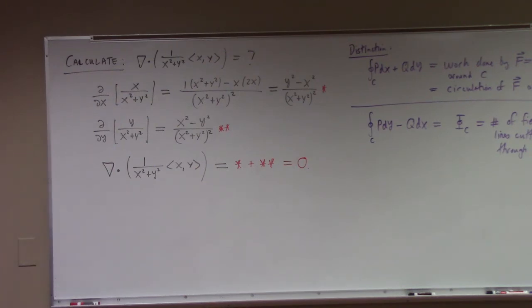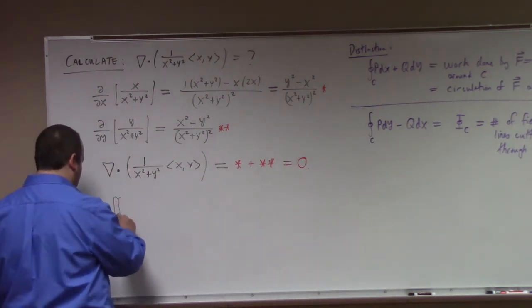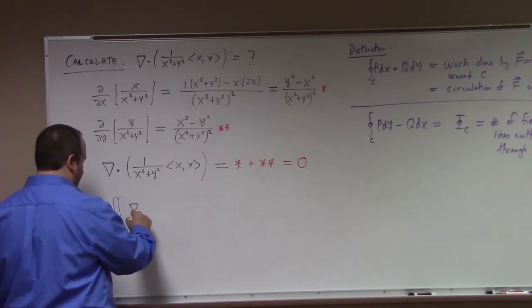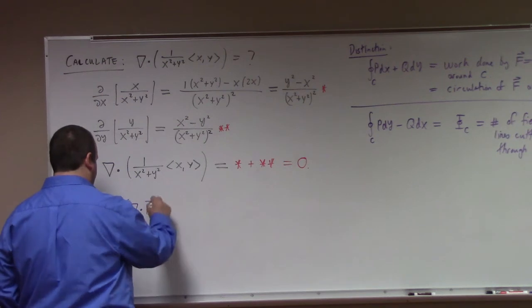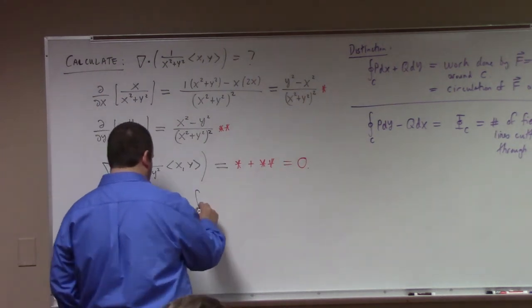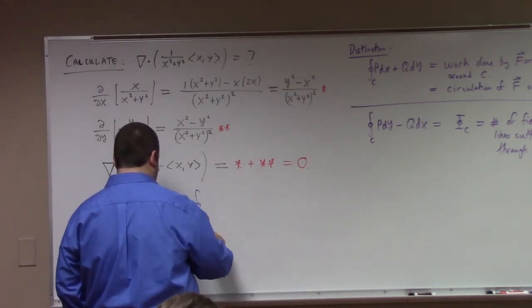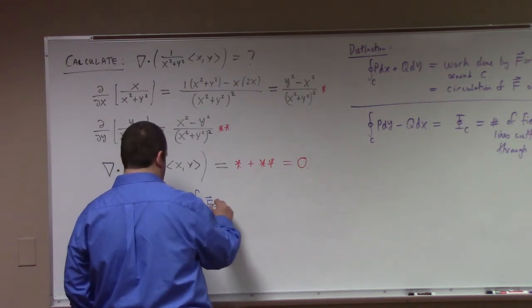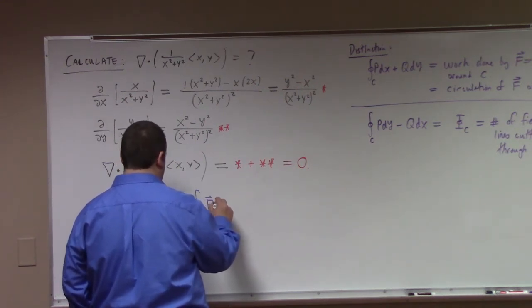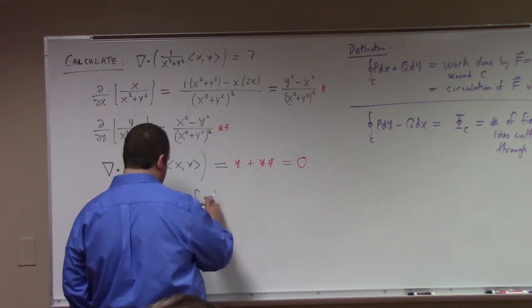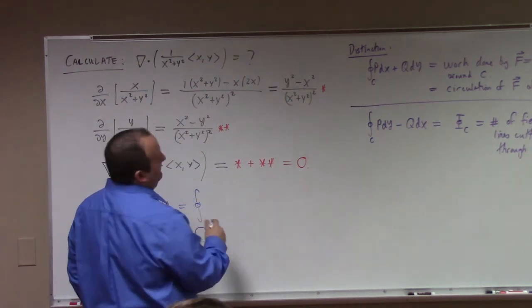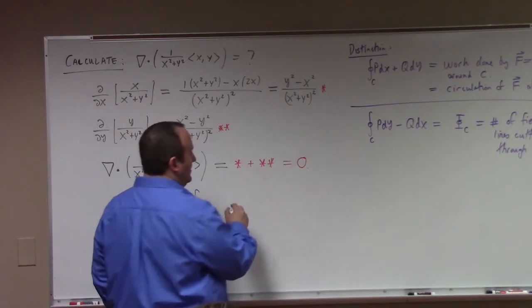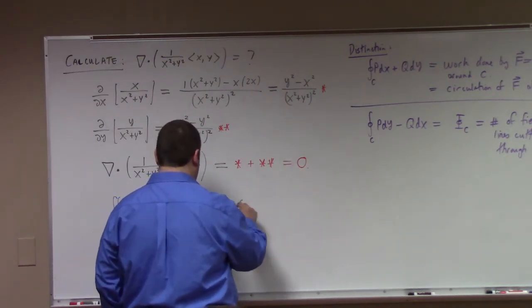Right? Wait a minute. What is up with this? Because didn't we just find a theorem which said that the integral over the disk of the divergence of f was equal to the integral over the boundary of f dot, well, p dy minus q dx, right?